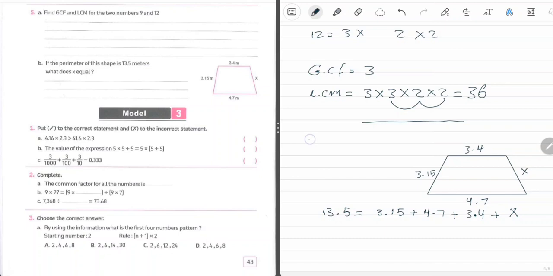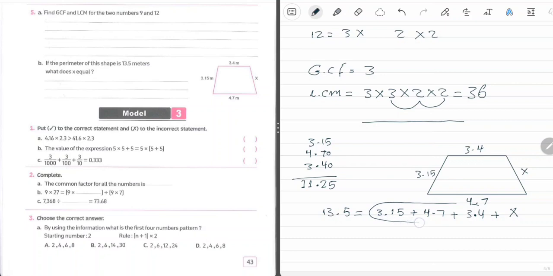So 3.15, 4.7, 3.4, add them up together. 5, 8 plus 4 is 12, 2 and carry up 1. 1 plus 3 is 4, 4 plus 4 is 8, 8 plus 3 is 11. So the sum of all will be 11.25.